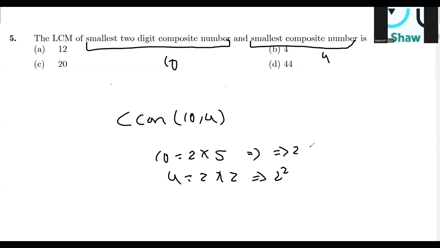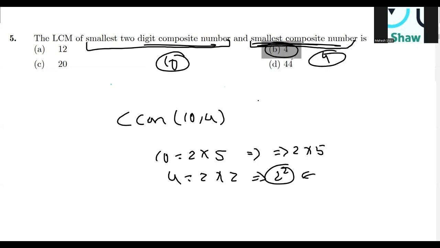So the lowest common multiple has to be 2 square, which is 4. So 4 is the correct answer for this. If you know finding LCM, this would be very easy. You just have to determine the smallest two-digit composite number, which is 10, and the smallest composite number, which is 4.